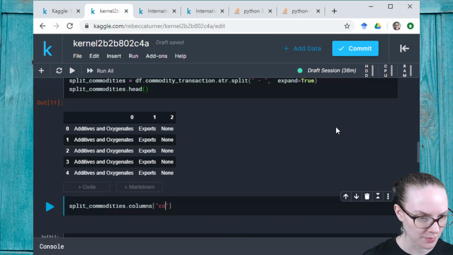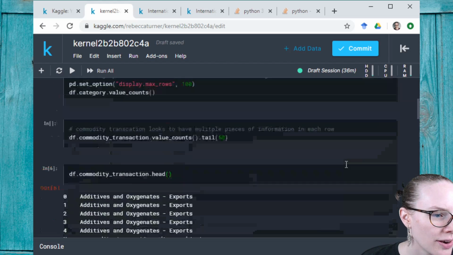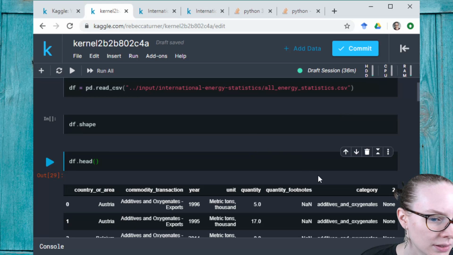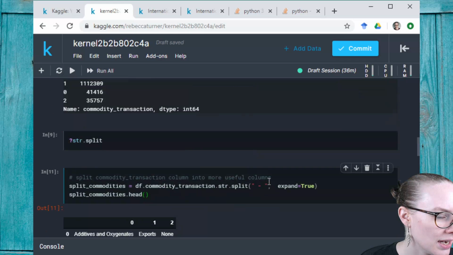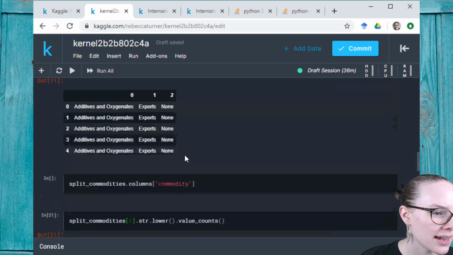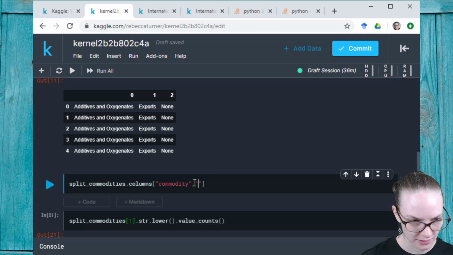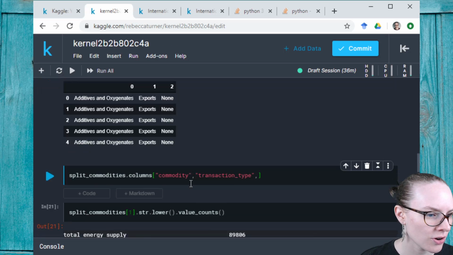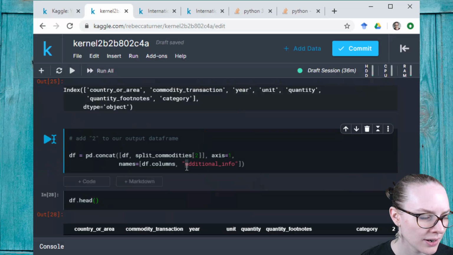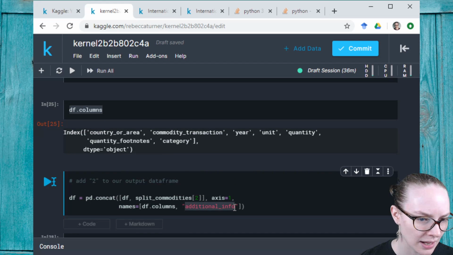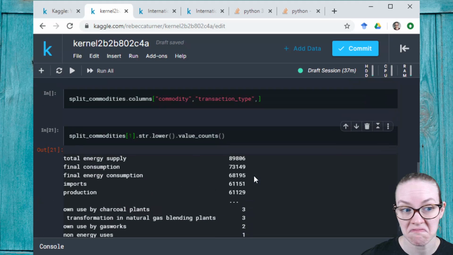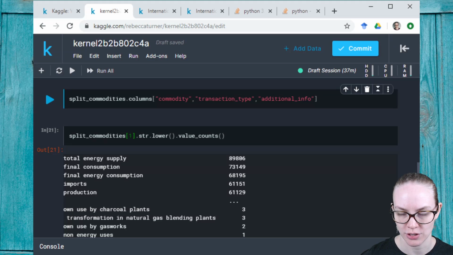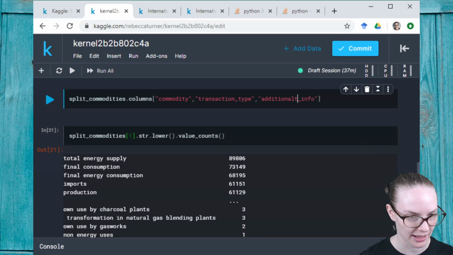So the first one should probably be commodity. Is that already a column in our data frame that we are putting out? No. So the first one should be commodity. It looks like the second one is transaction type. Transaction type. And then the third one is, what do we call it down here? I think I would call this additional transaction info, because it looks like it's additional information about the type of the transaction and where it's happening and stuff like that.